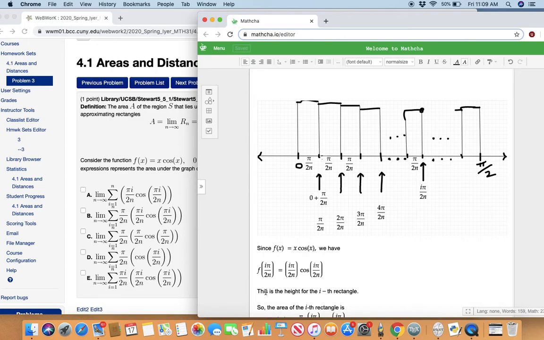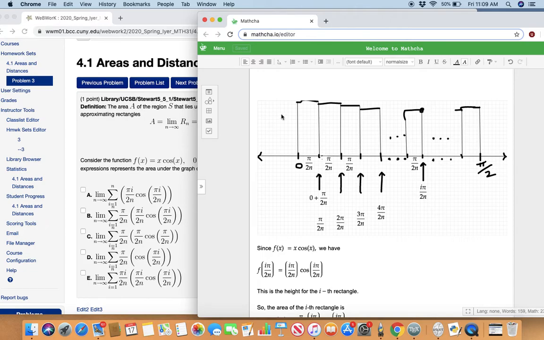Height is going to be given by my function f. So here, height is going to be f of i pi over 2n. But what does f do? f is x times cosine x. So i pi over 2n replaces x. So f of i pi over 2n is i pi over 2n cosine i pi over 2n. This is the height for the ith rectangle.